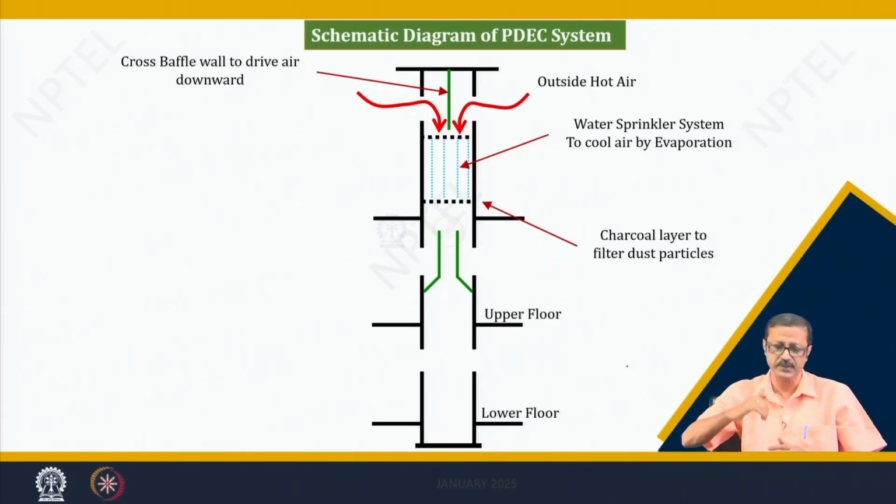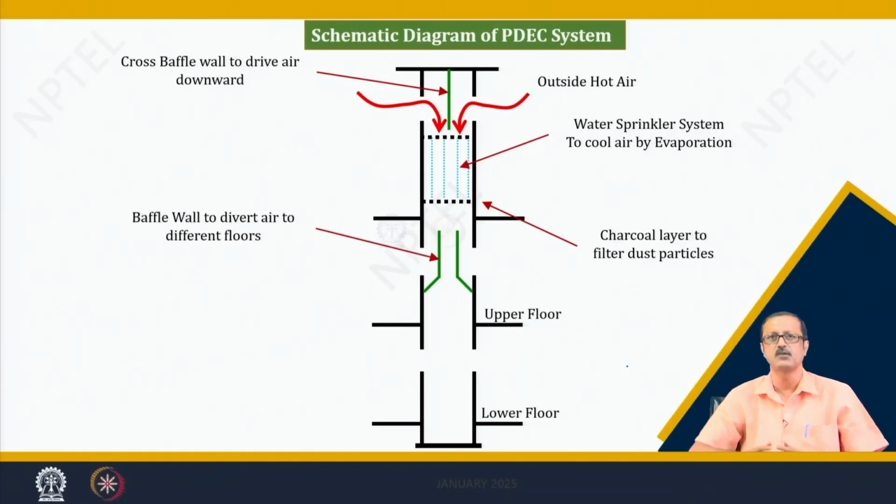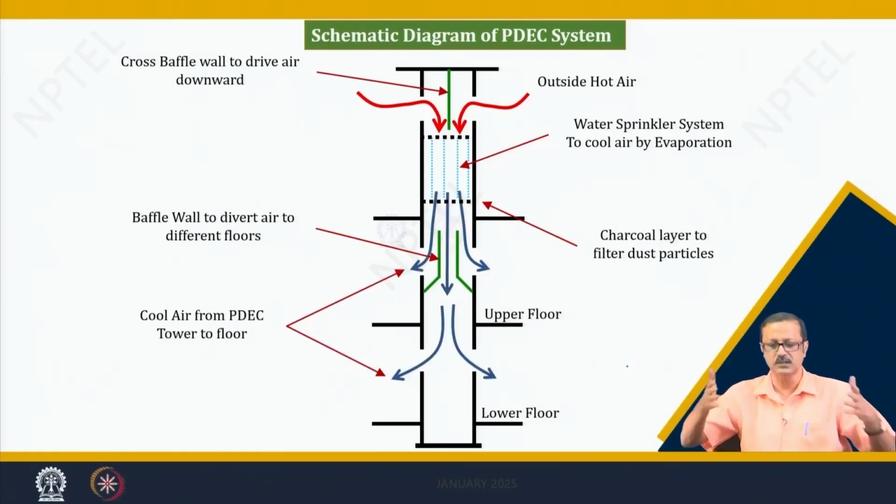Then, when it comes to the third layer, again there is a baffle valve that delivers this cooled air, after evaporative treatment, to the different levels. So, you see now the blue arrows mean cool air, which was hot in the first layer, is now cooled through the second layer, and is now channelized to the different levels, upper floors and lower floors.